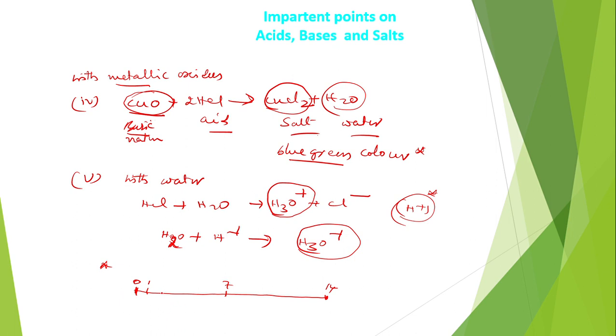See, pH from 1 to 7 is called acids. 7 is neutral, and bases are from 7 to 14.